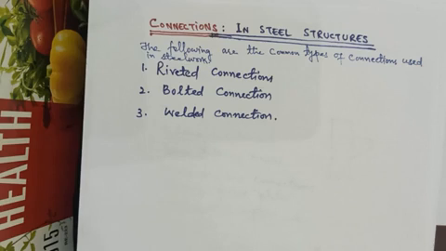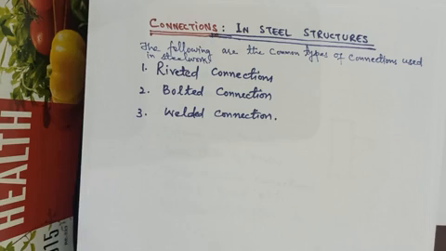Actually, connections form an important part of any structure, and the connections are designed more conservatively than the members of the structure itself. This is because connections are more complex to analyze than the members.